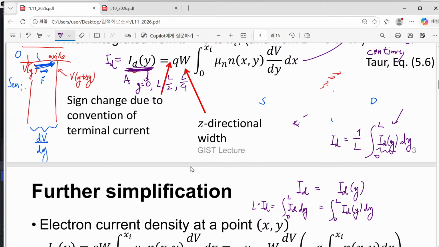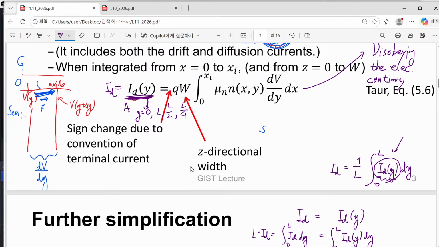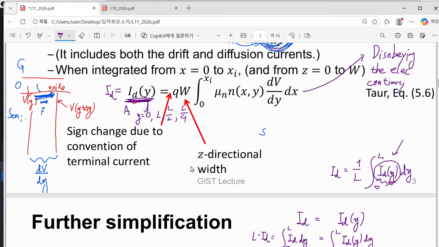Then the next step is quite obvious, because now we know the form of ID. Where can you find the form of ID? It is well shown here. Although it looks really complicated, most of them are just constant. Q, constant. W, constant. And mobility is not a constant, but it is assumed to be a constant.